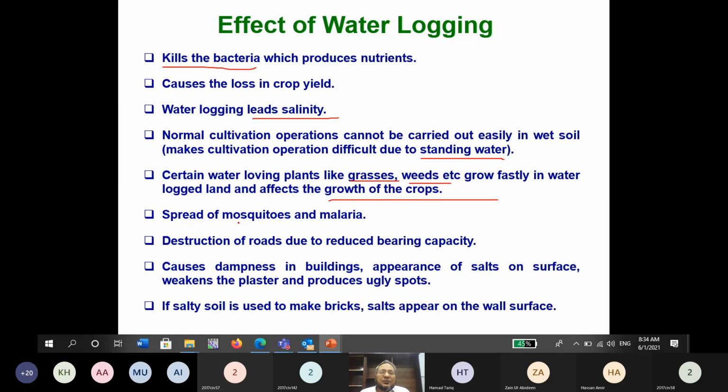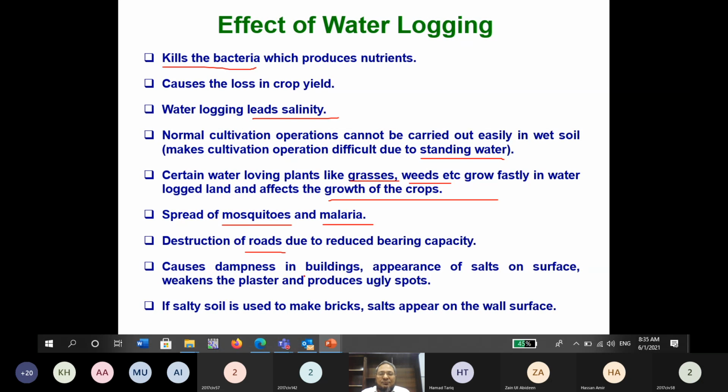The next is the spread of mosquitoes and malaria. This is also a result of waterlogging. And then destruction of roads: if the soil is waterlogged, of course, the bearing capacity of the grade and subgrade is reduced and it damages the roads.